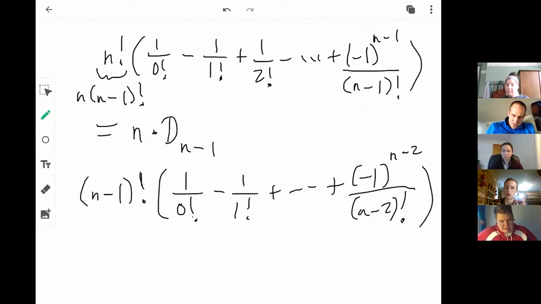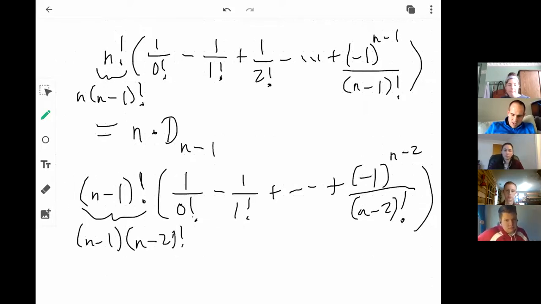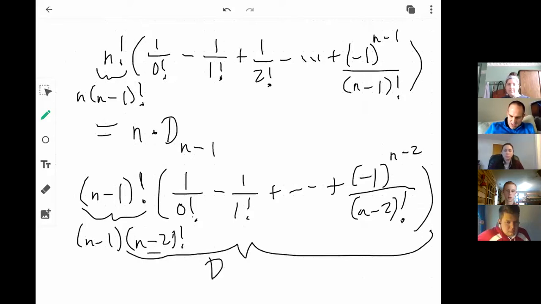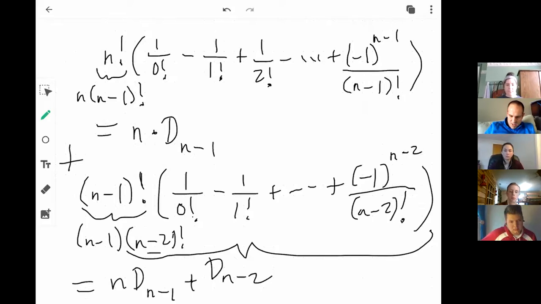And what we noticed was, since this is n minus 1 times n minus 2 factorial, all this stuff right here is D sub n minus 2. So if we added those two things together, we would end up with n times D sub n minus 1 plus n minus 1 times D sub n minus 2.